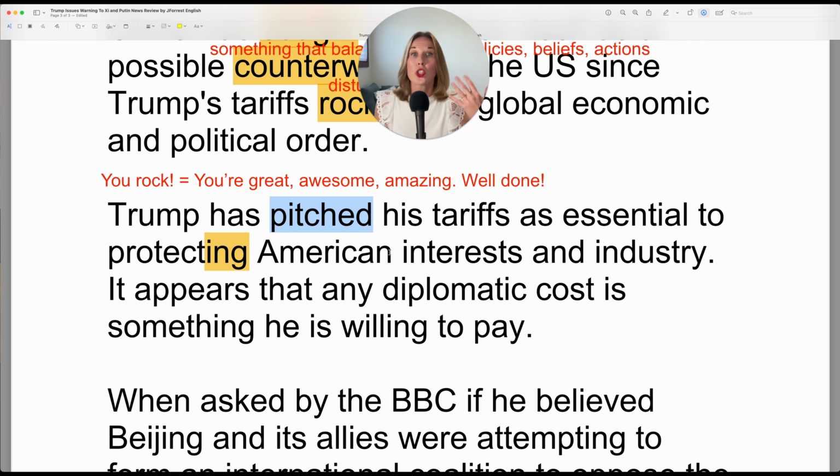So you don't just share an idea to get feedback. Oh, what do you think? Is that a good idea? A bad idea? You try to sell someone on your idea. You try to convince them that your idea is good. So that's pitch an idea. Now, this represents an idea.